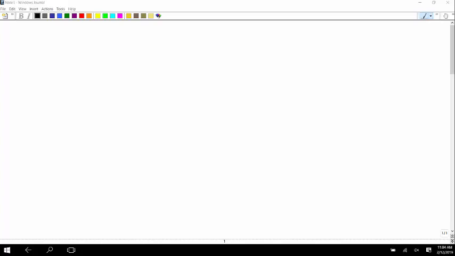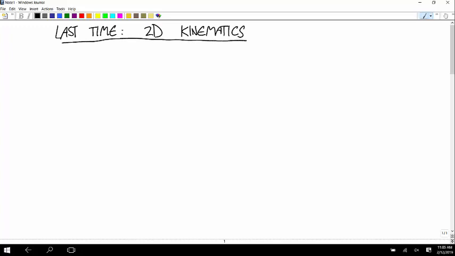All right. So last time we were talking about 2D kinematics, and we talked about the position vector, the velocity vector, and the acceleration vector.